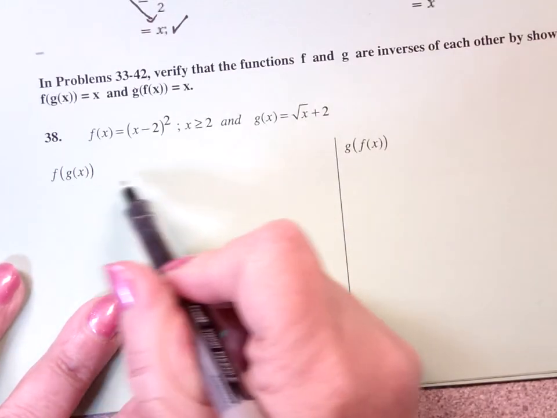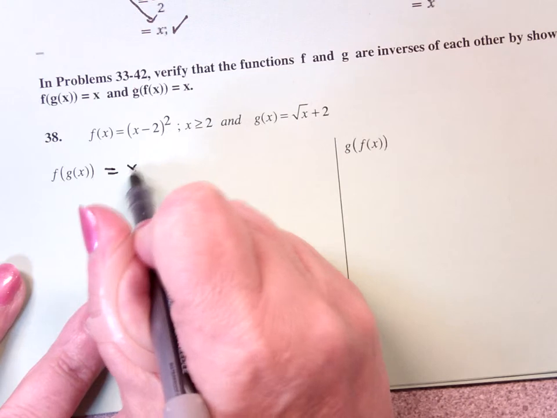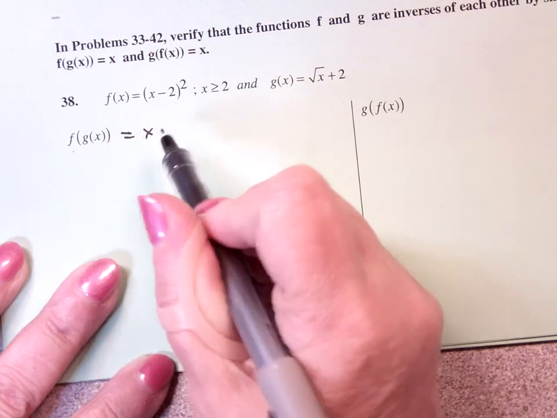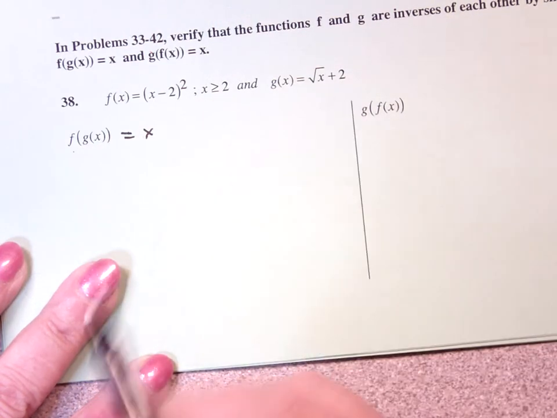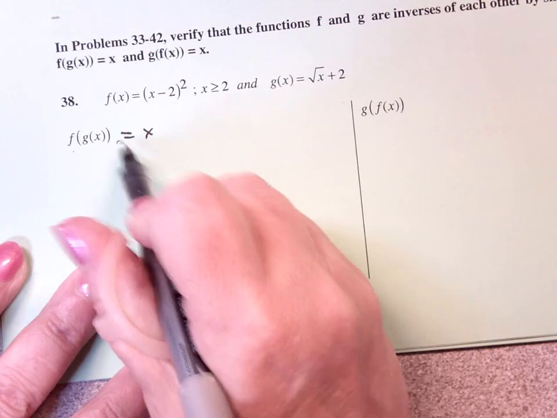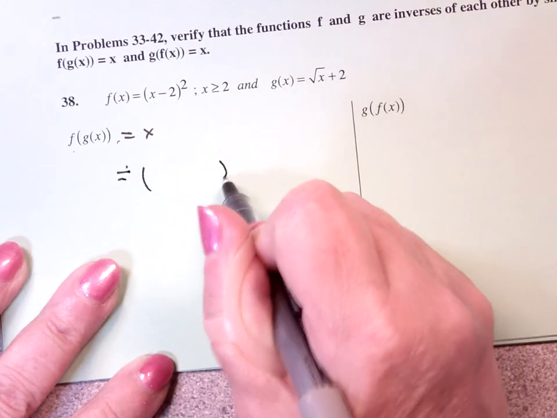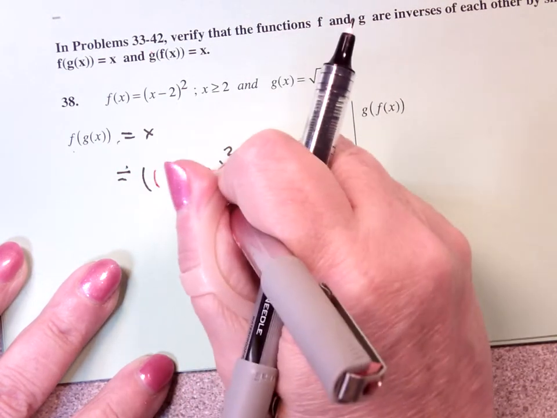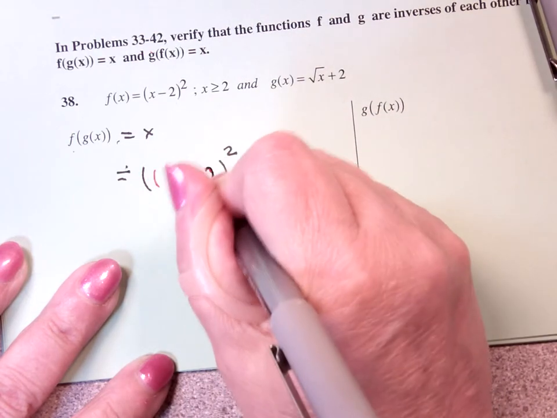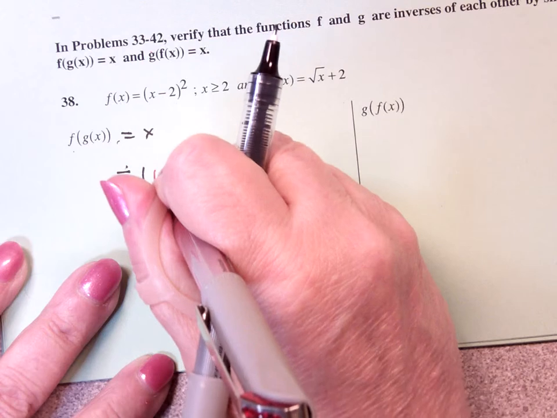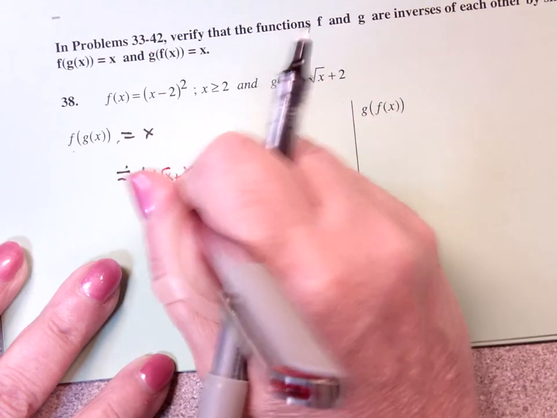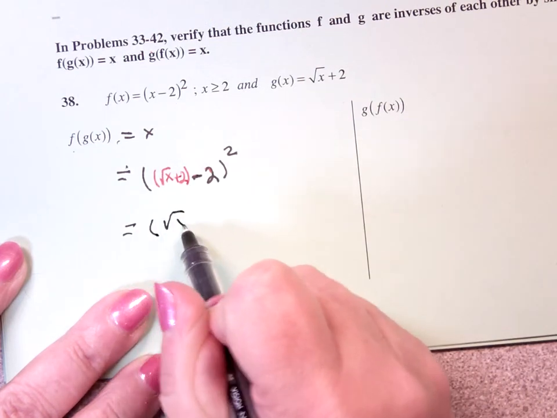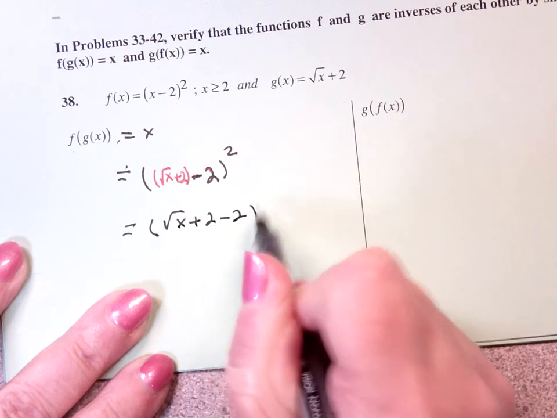So we look at f of g of x. Now f of g of x has to be x. In other words, I started out at x, I need to end up at x. So this says in the function f, wherever there's an x, I put the function g. So that says that f of g of x is going to be, take out the x, and put in g, what you end up with is the square root of x plus 2, minus 2, squared.